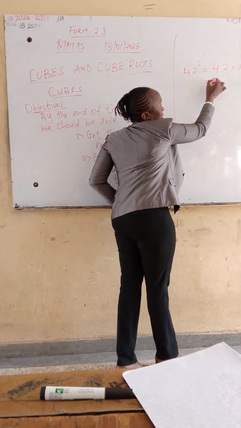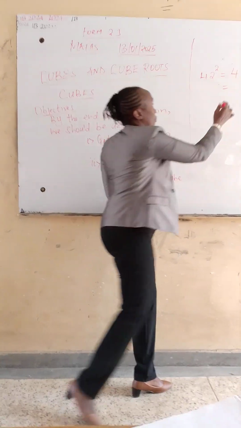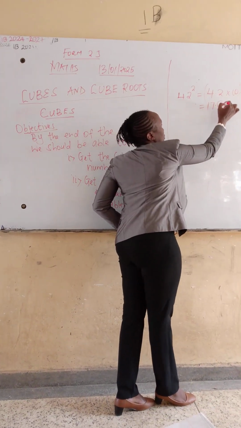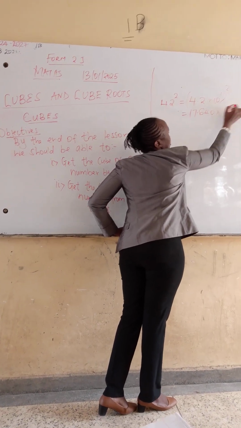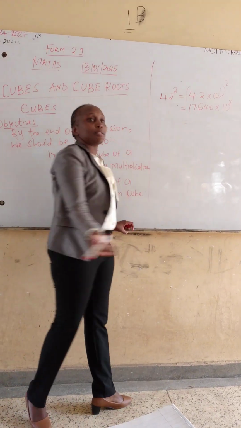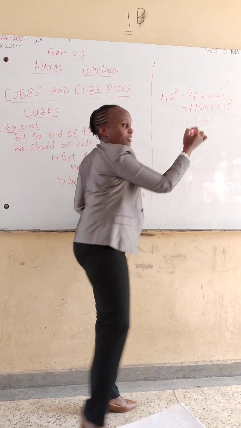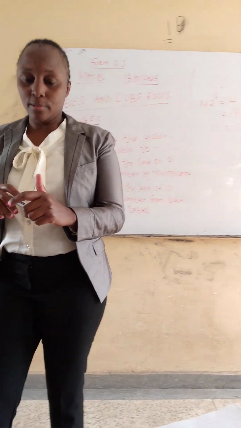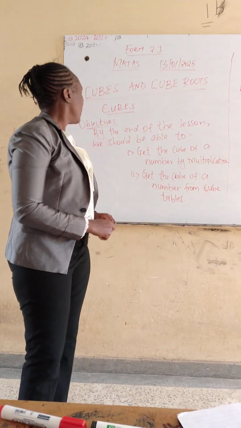So we shall read this from the square tables. You get 17.640. Then the power here you multiply by 2, you get 10^2. And then finally you express it in full as 1764. Is that what you were taught? Good. Now, let's get back to the cubes.